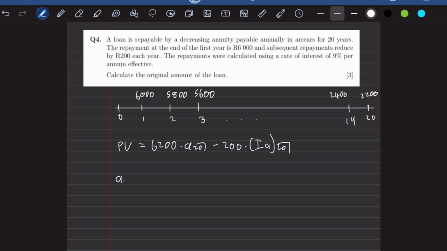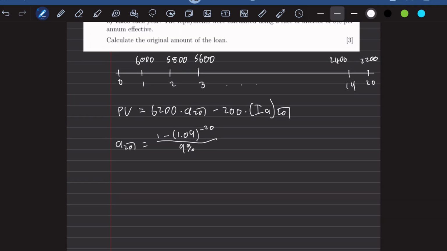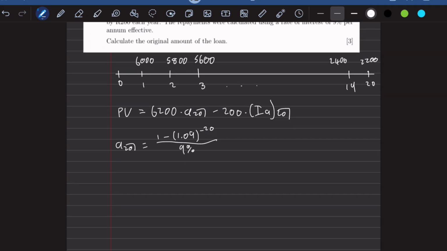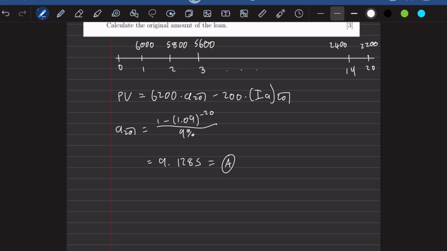So annuity for 20 years is going to be 1 minus 1.09 to the negative 20 over 9%. And if we plug that into our calculator, we will get 9.1285. And I'm going to store that in my calculator as A. Okay.